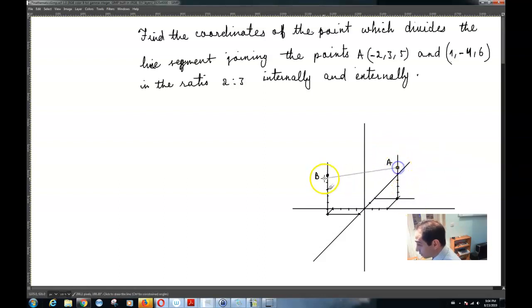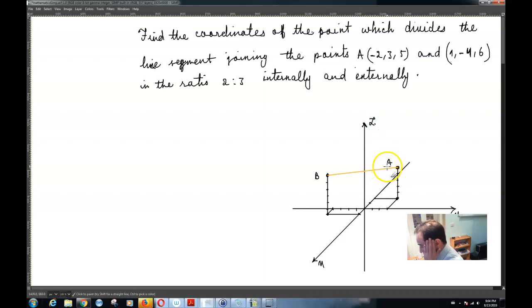Now if I connect these 2 points together, I'll get this line segment that goes from the second octant to the fourth octant. And basically this kind of exercise has two points to it. So first of all, let me write this as the y-axis and this as the x-axis and this as the z-axis.